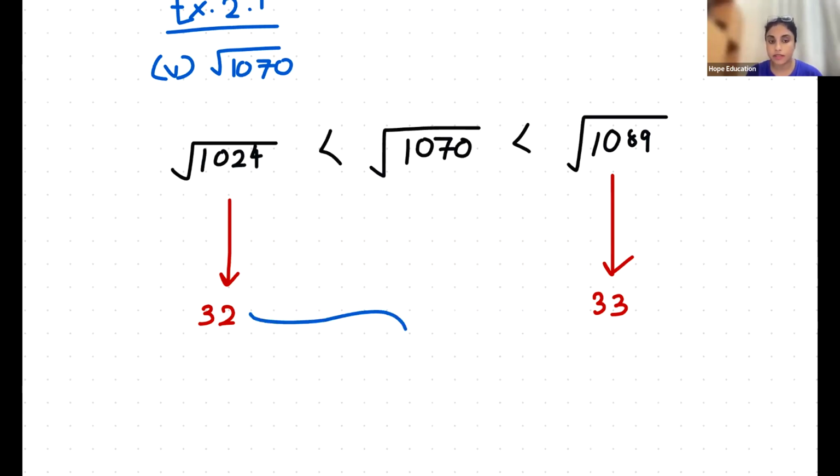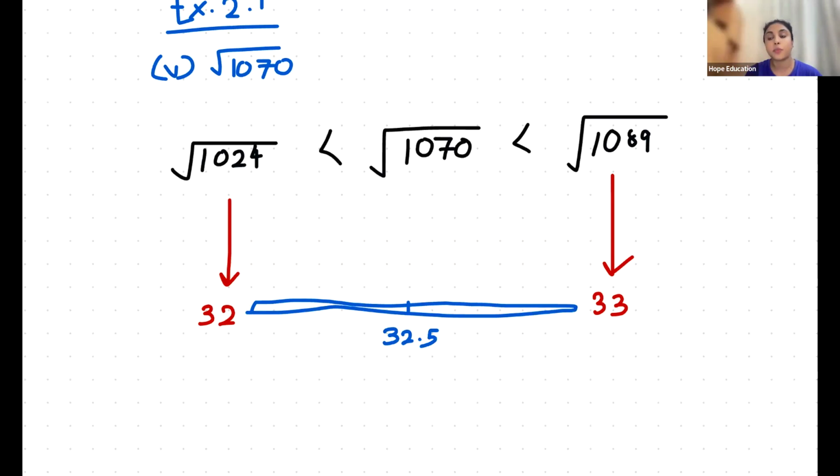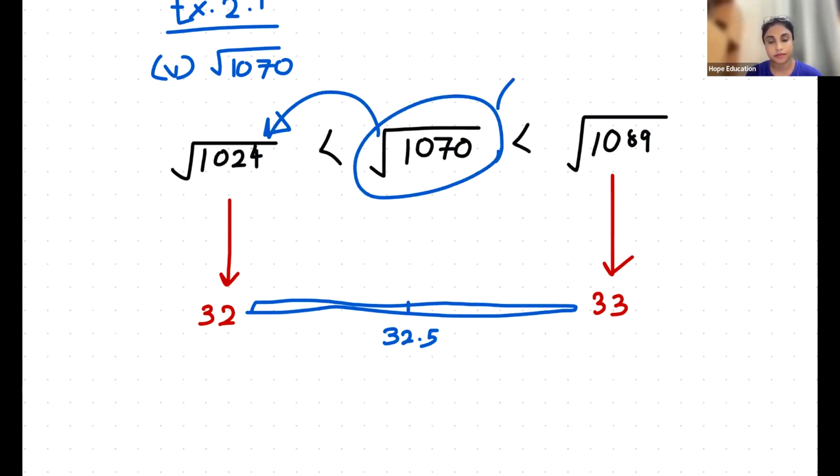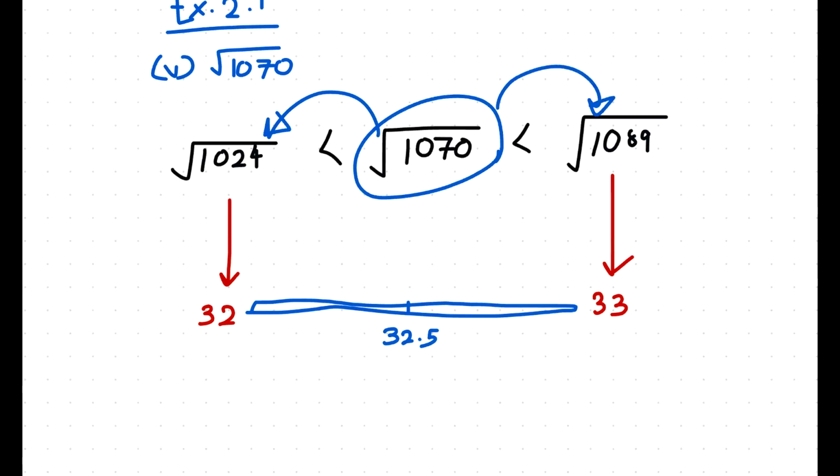In this gap there is 32.5: 32, 32.1, 32.2, 32.3, 32.4, 32.5, 32.6, 32.7, 32.8, 32.9, and then comes 33. Now my question is, is 1070 closer to 1024 or 1089? 1089.